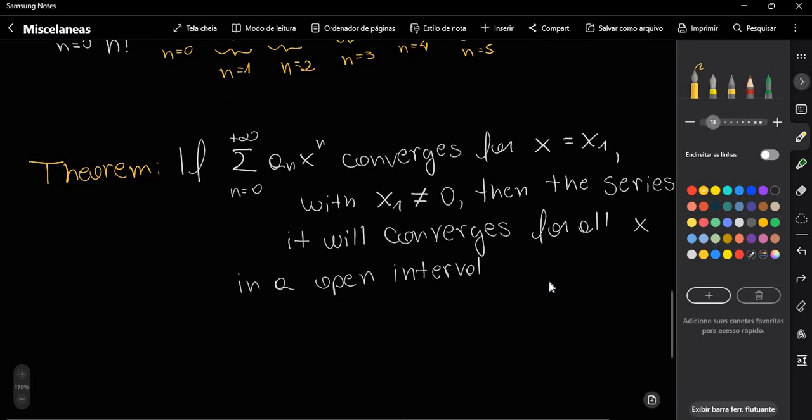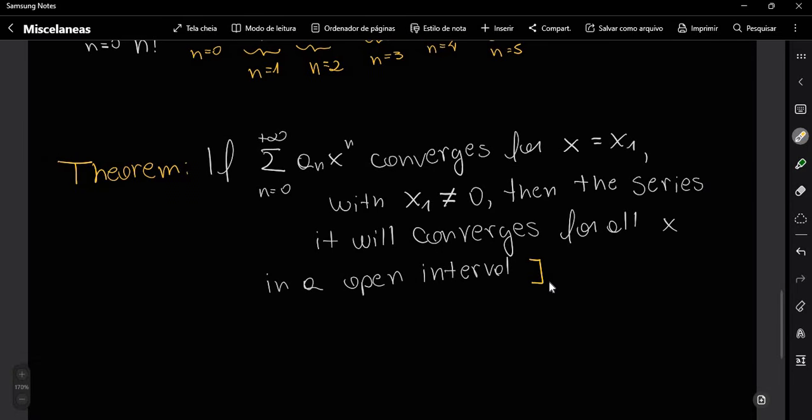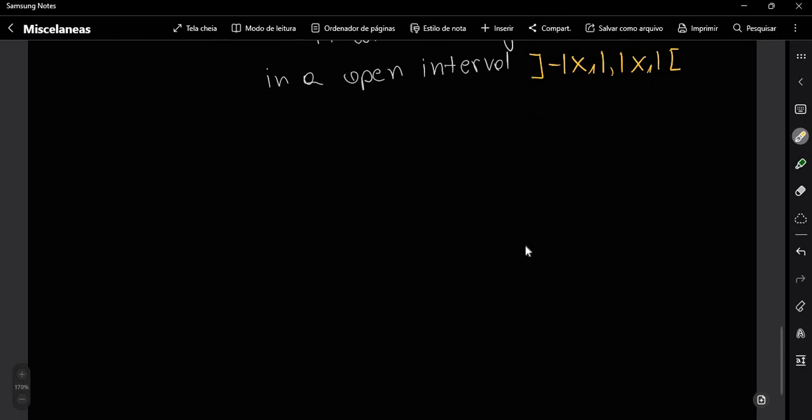So this is the open interval: minus the module of x1, to the module of x1. And it goes on demonstrating this theorem. So, demonstration.